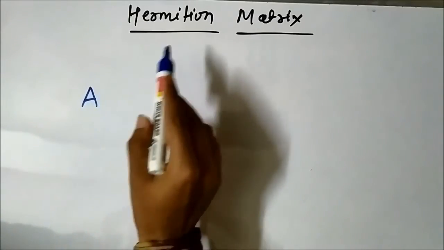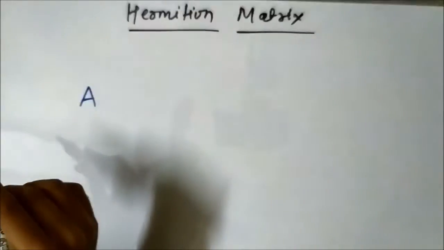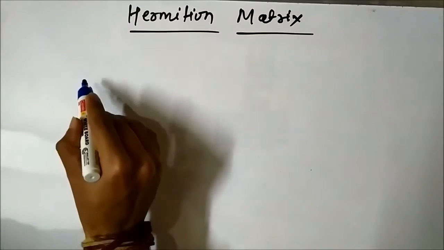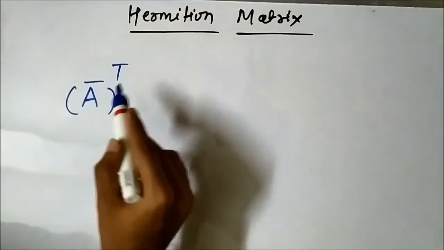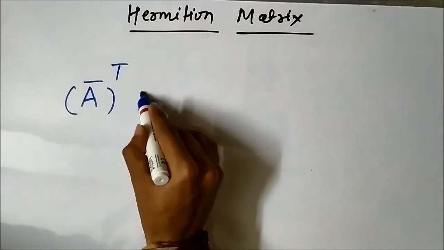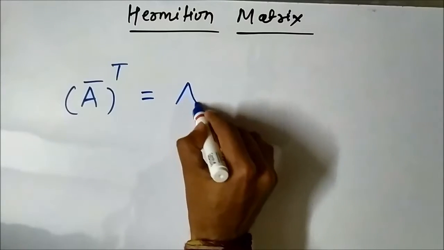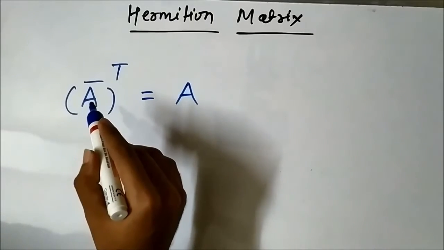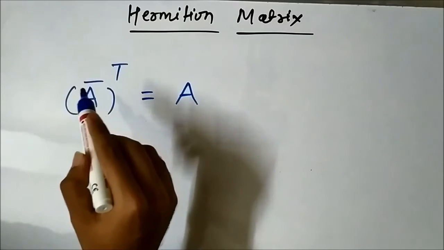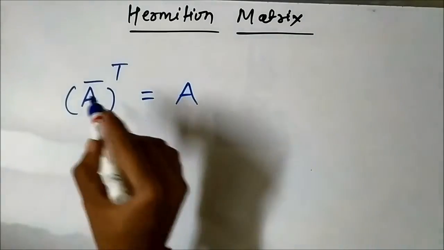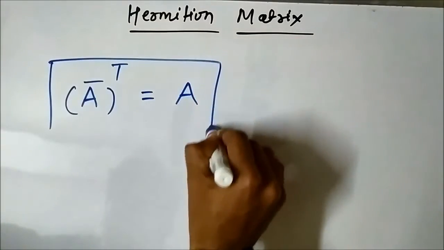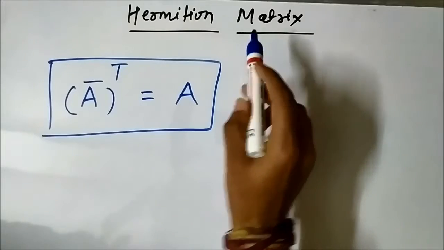So this matrix A will be called a Hermitian matrix if the transpose of the conjugate of matrix A will give us the matrix A again. It means the transpose of the complex conjugate of matrix A will give us the same matrix A again. This is the definition of a Hermitian matrix.